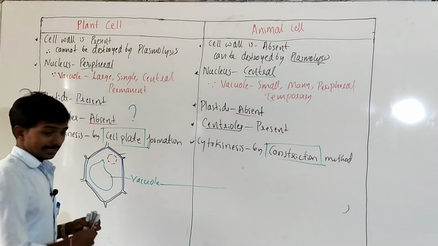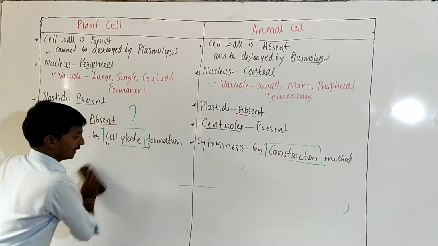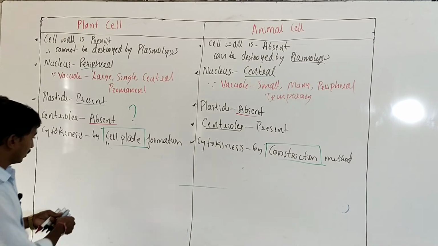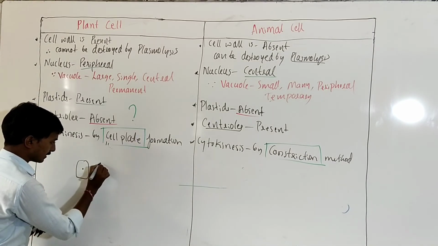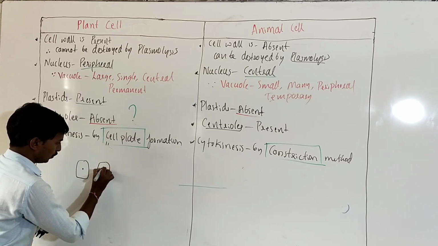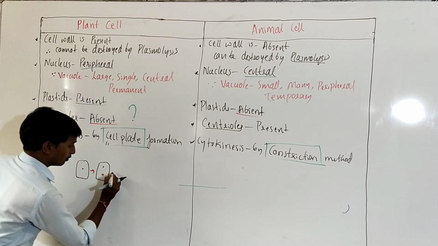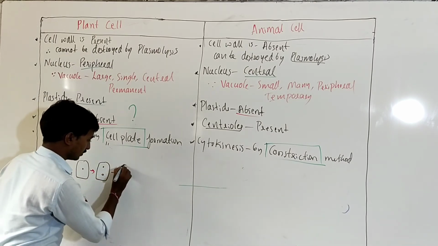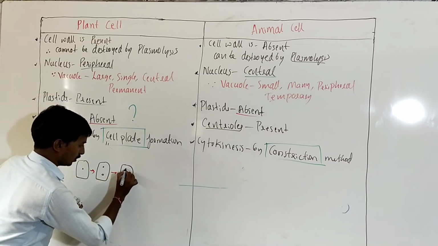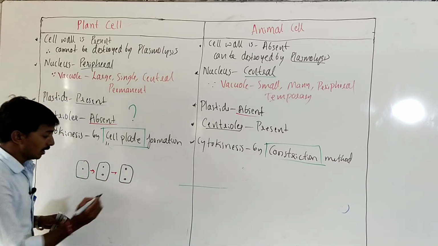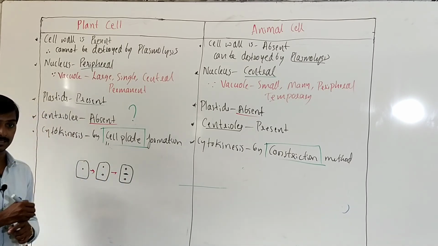Here in the plant cell, let us make it clear. In karyokinesis, one nucleus divides into two nuclei. But in cytokinesis, in the cell having two nuclei, the cell plate forms at the center of the cell.